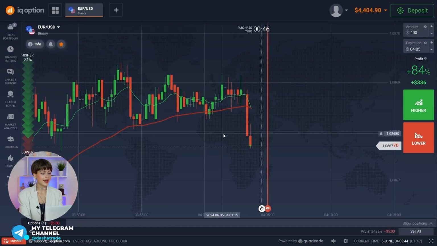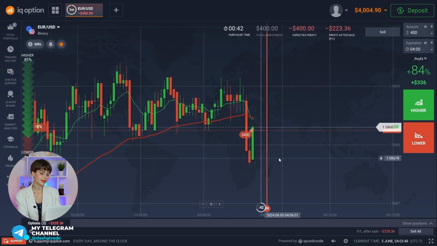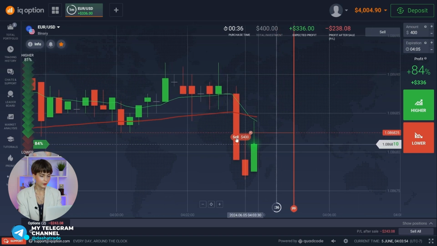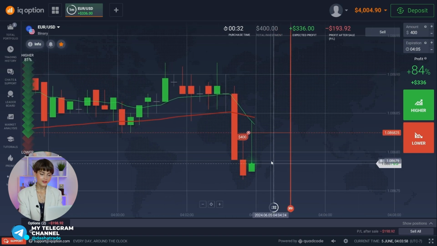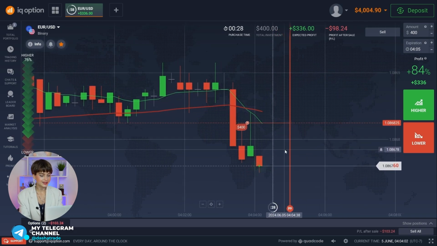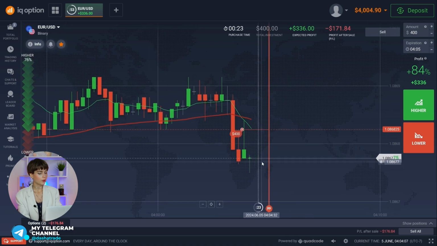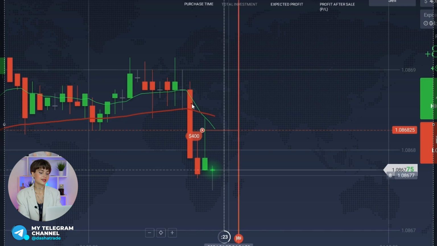A big red candle was here, a pretty confident one, and it closed with a big crawl back up. Okay, but we entered pretty high, so we hope we'll close this deal in a profit, because as we see there were big rollbacks, a huge shadow of the candle, so a decrease can pretty much happen here. Moreover, our indicator is working here, as an intersection is right here.